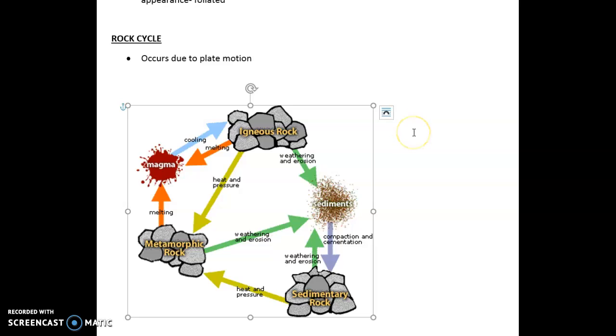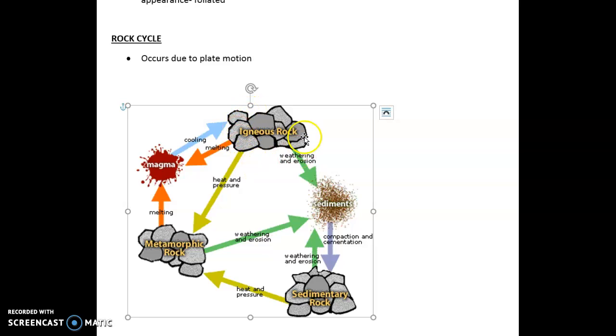There we go. So that means each type of rock can turn into the other type and actually turn back into its original type. So we talked about when we ended volcanoes that all rocks started off as igneous rock because when the earth was forming, it was not a solid, but it was kind of like a liquid consistency because it was so hot it had not yet cooled and solidified.